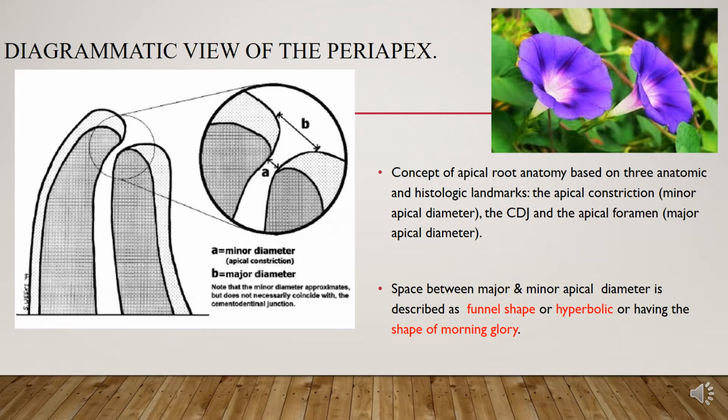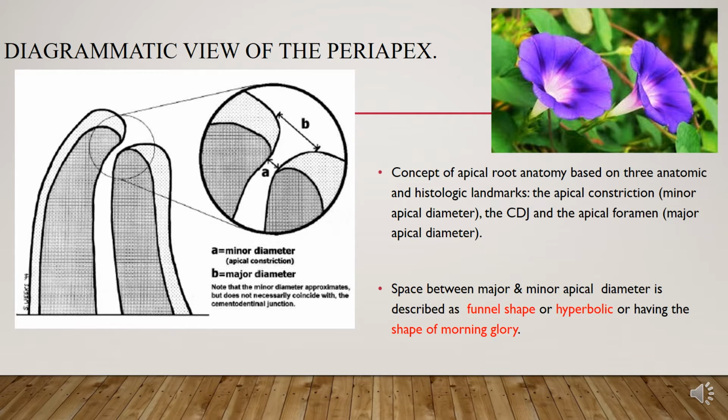This is a diagrammatic view of the periapex, which looks like a morning glory flower. Again, we'll go through the main reference points. Point B is the major diameter. Point A is the minor diameter or the apical constriction. It usually coincides with the dentino-cemental junction.